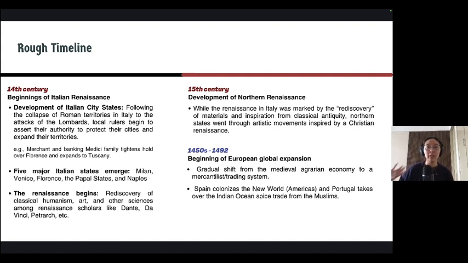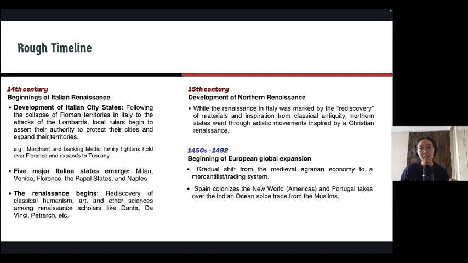So while that's happening in northern Europe, an interesting thing is also happening in the Iberian Peninsula specifically. So we find the beginnings of European global expansion, which is what some people call the Age of Discovery, right? Centering in places like Spain and Portugal. They were really the first major colonizers, right? Even if they have different approaches to colonialism.